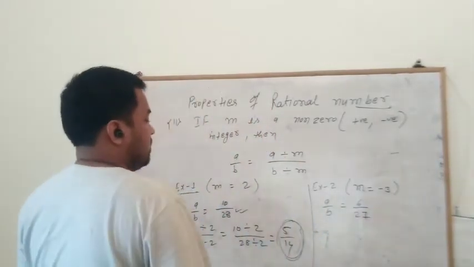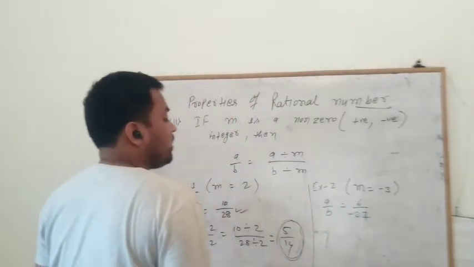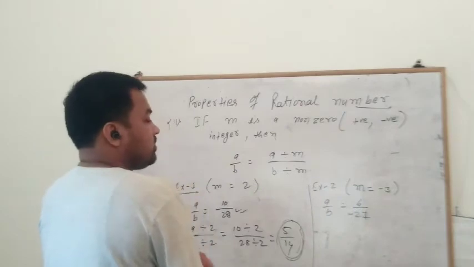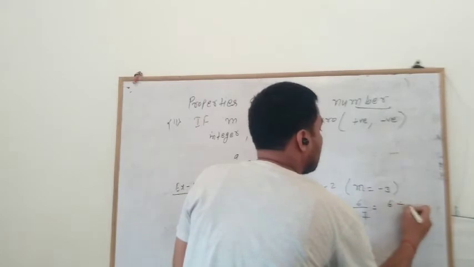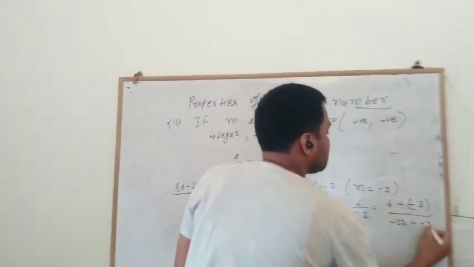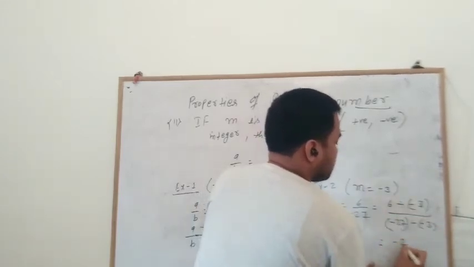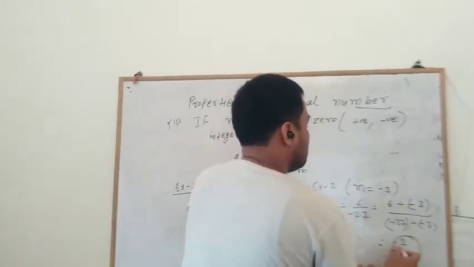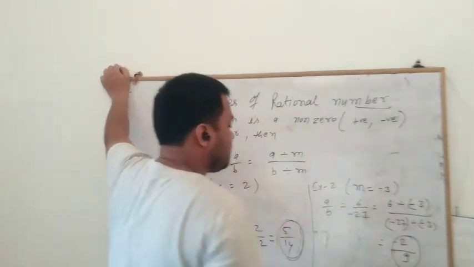Or we take a negative rational number, so consider 6 by minus 27 or minus 6 by 27. Those may be possibilities. So we take 6 divided by minus 3 by minus 27 divided by minus 3. So what we can write is minus 2 by 9. So here the minus 2 by 9 is a standard form of 6 by minus 27.